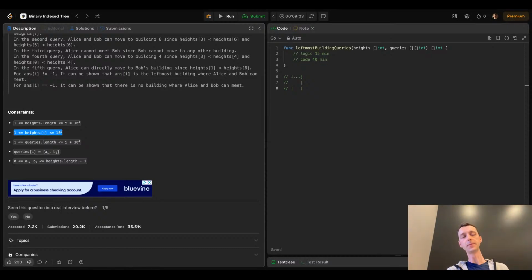That means if we have n squared, we'll have 10 to the power of 8.